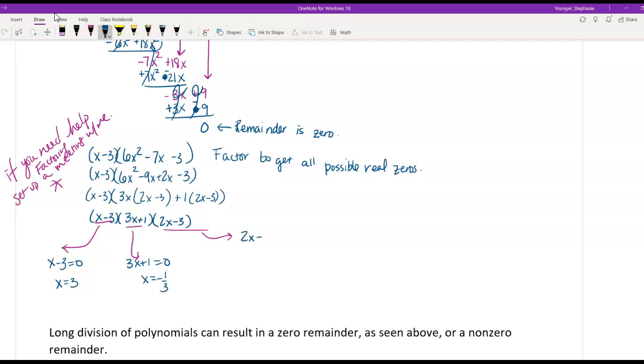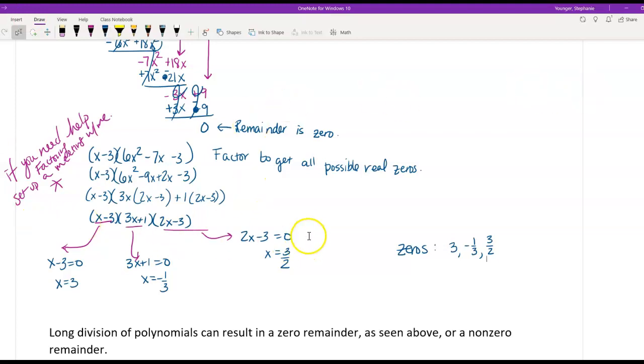And 2x minus 3 equals 0, which is 2x equals 3, x equals 3/2. All of those are my zeros. Pretty nifty, huh? So just put them down again. 3, negative 1/3, and 3/2.